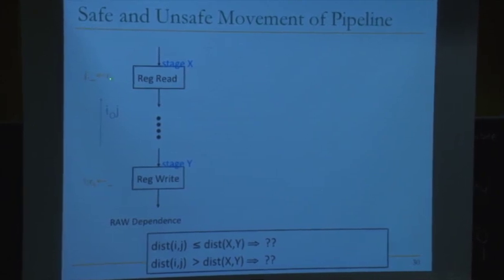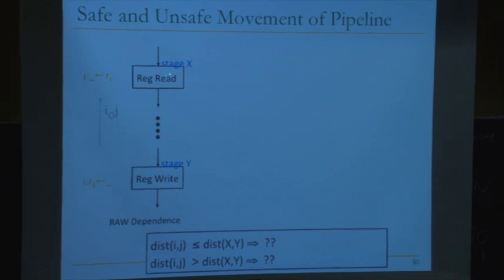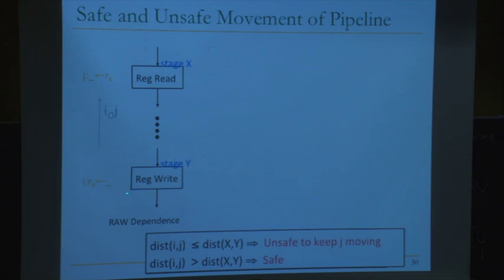Instruction J is consuming. Now, it's safe to move instruction J in the pipeline if the distance between the instructions is greater than the distance between when the value is written and the value is read. Make sense?